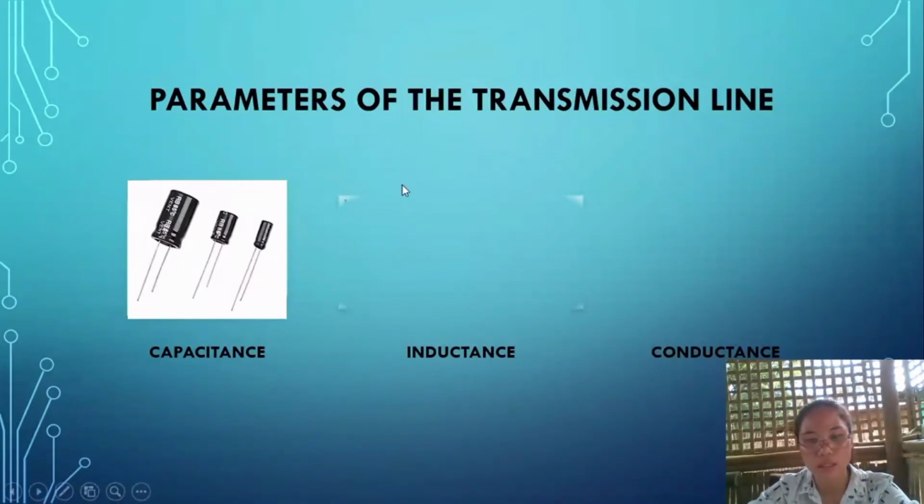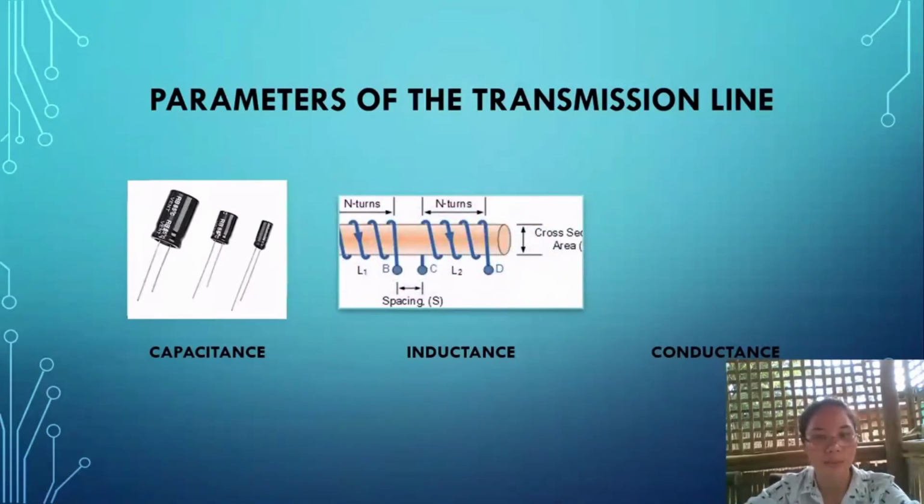So next is the inductance. When current flows through a conductor, it generates a magnetic field perpendicular to the direction of the electric field.